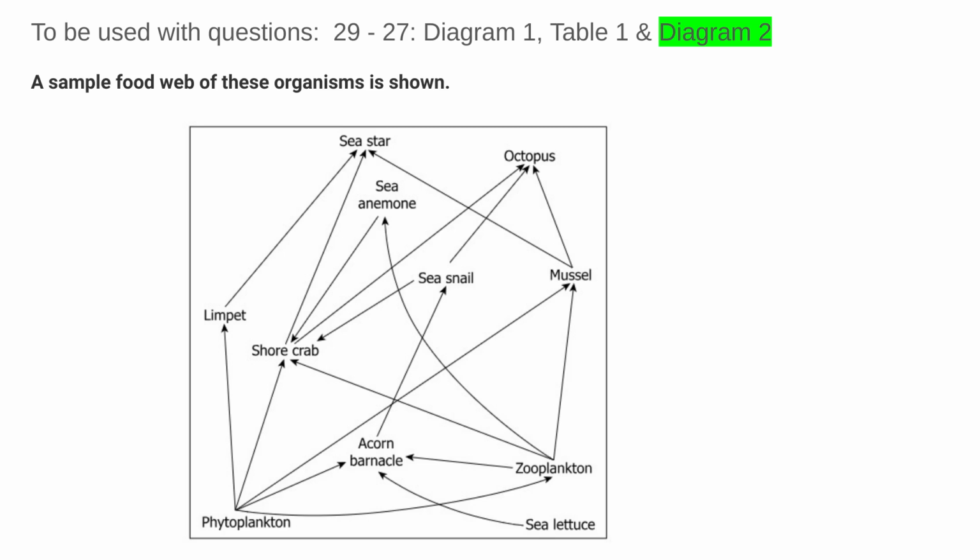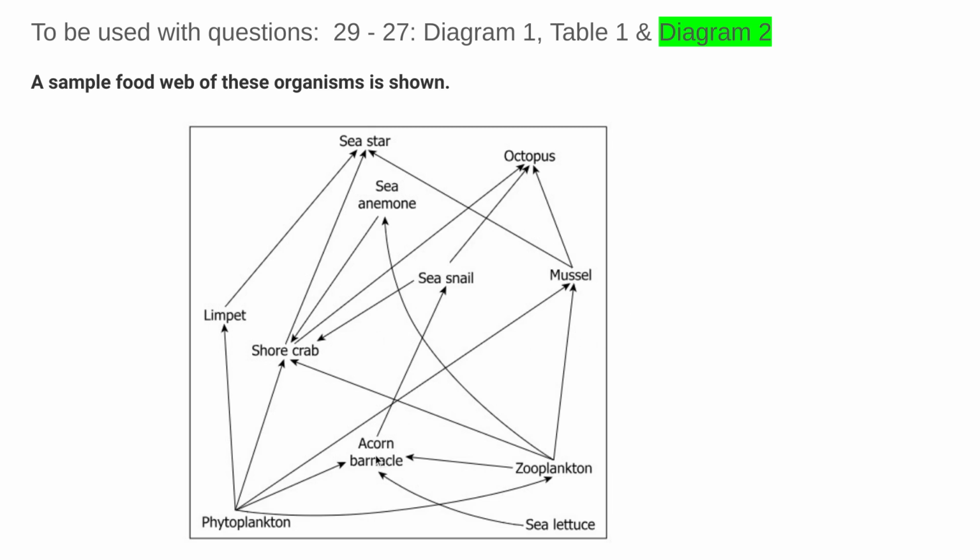So I'm going to go backwards. Acorn barnacle, possibly they're in the same chain. Shore crab, shore crab eat the sea snail, so they just lost a food source. And then the mussel, they're not in the same food chain.